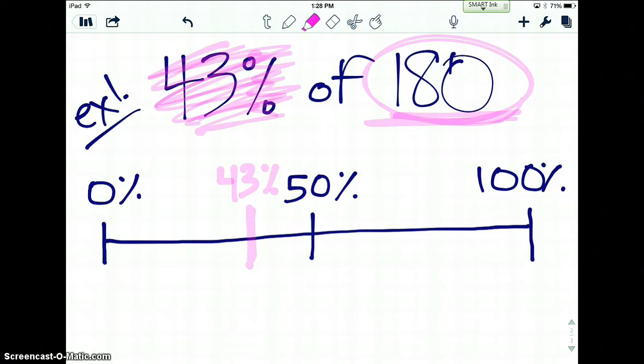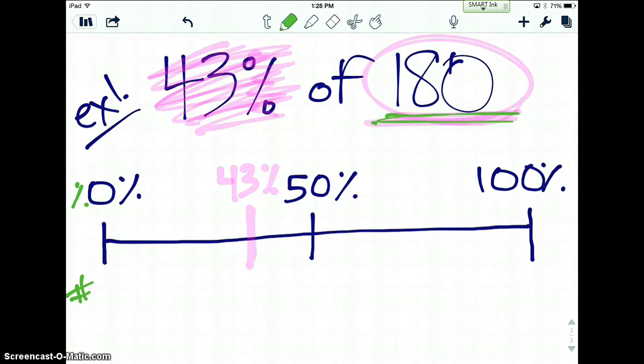So I'm going to go ahead and write 180, but that's not percent. So I have a whole nother side of my number line that I have not used, and that's this side over here. So I'm going to have that be representing my numbers. So my percents are on the top. My numbers, just regular old numbers, are on the bottom. And 180 is my total amount.